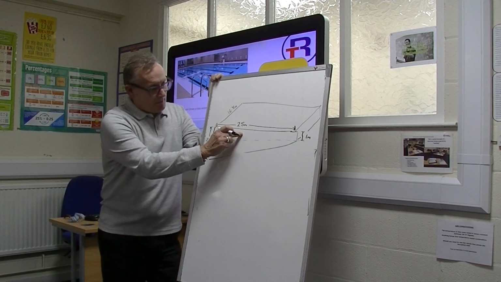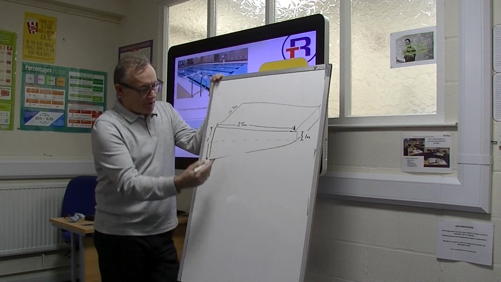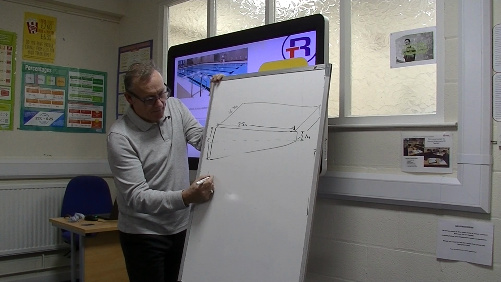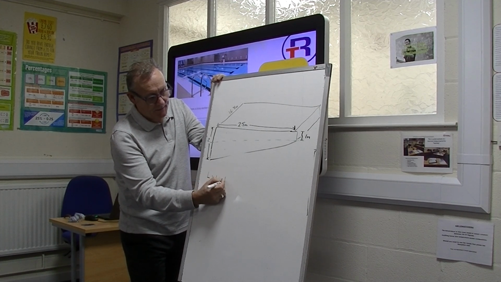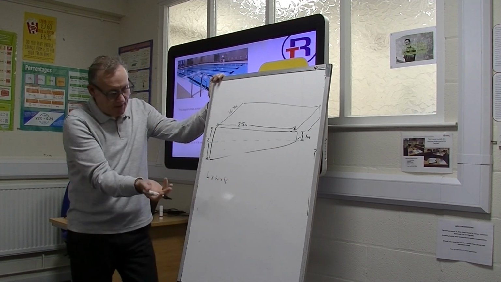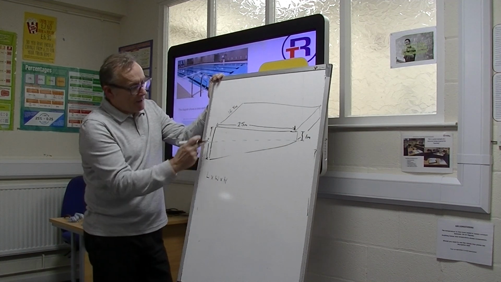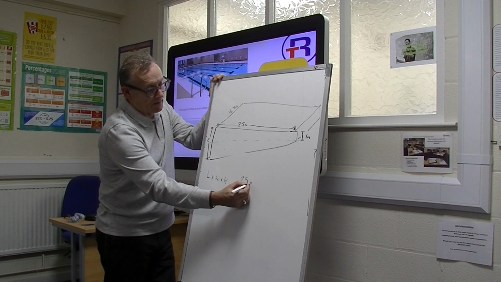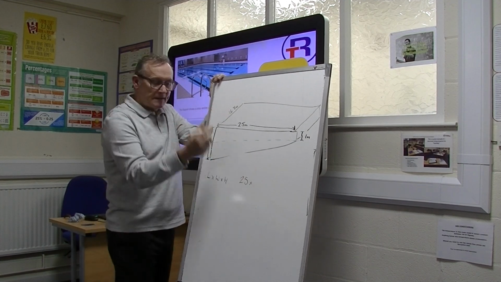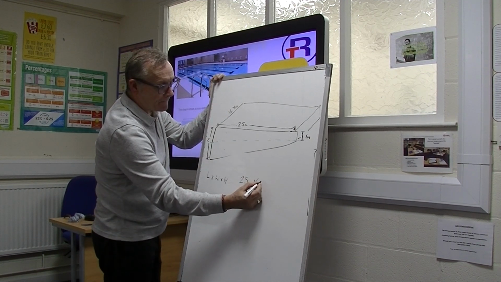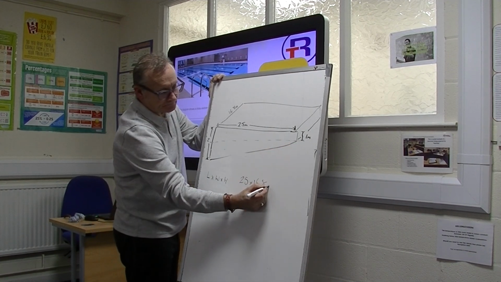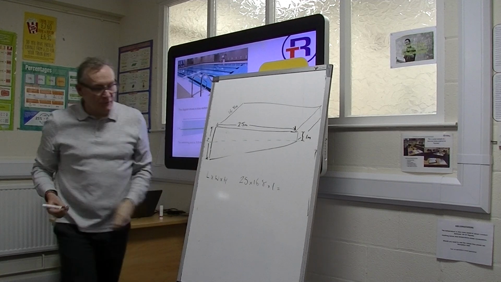So we're going to work out the rectangle first. The formula to work out the volume of a rectangle is the length times the width times the height, or in this case the depth. It's the depth of the swimming pool. The length of the swimming pool is 25 metres. The width of the swimming pool is 16.8. The depth of the swimming pool is 1. That's our first sum.